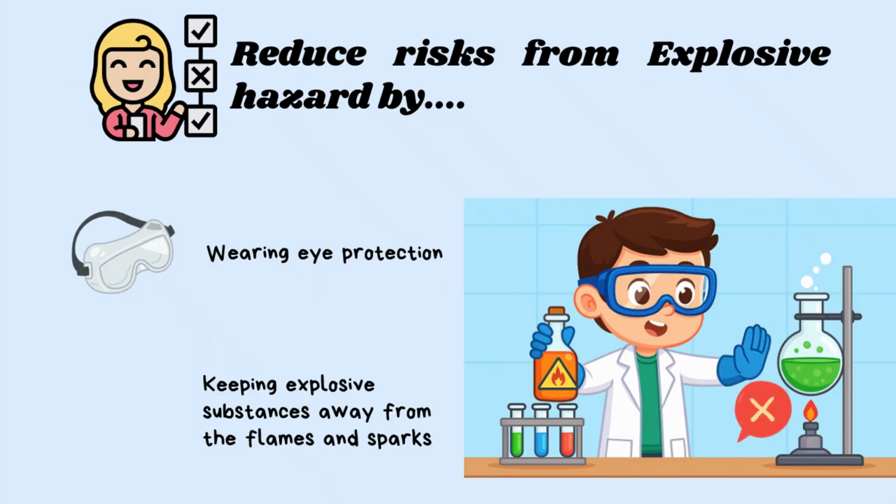You're going to wear eye protection, because we know that since it is going to catch fire easily and explode, those chemicals might enter your eyes. So it is better to wear eye protection and also keep this explosive away from the fire source. This is how you're going to keep yourself safe while using explosive chemicals.